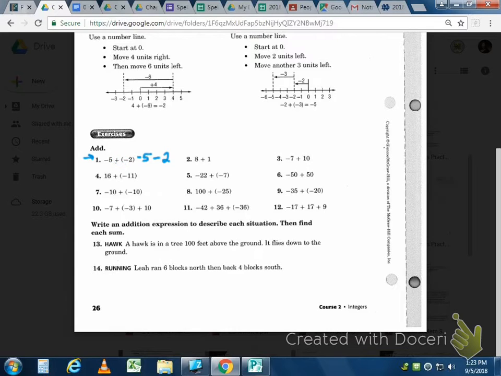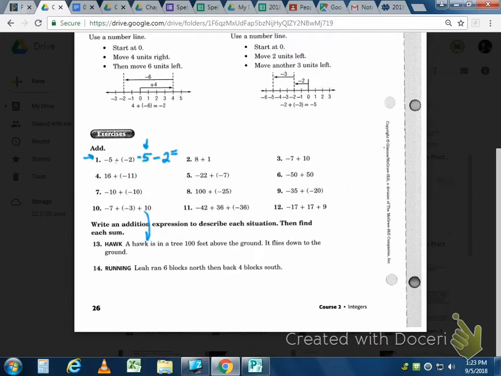And here is what I want you to think. I am at -5 and I'm losing 2 more. Remember, when it's a plus, it's a gain. When it's a minus, it's a loss. So I'm already at -5 and I'm losing 2 more. What is it, Dylan? -3. Nope. I'm at -5 and I'm losing 2 more.